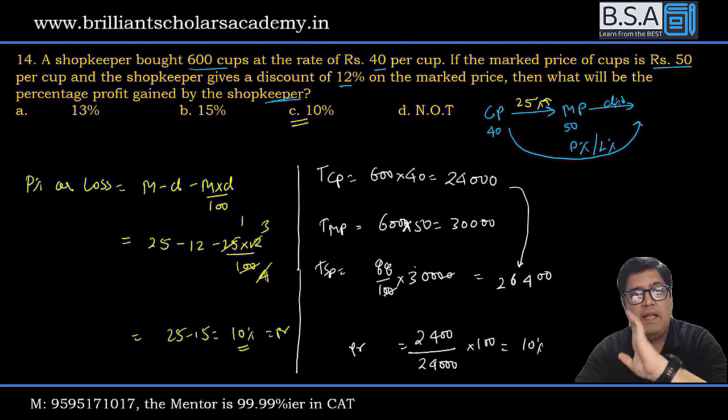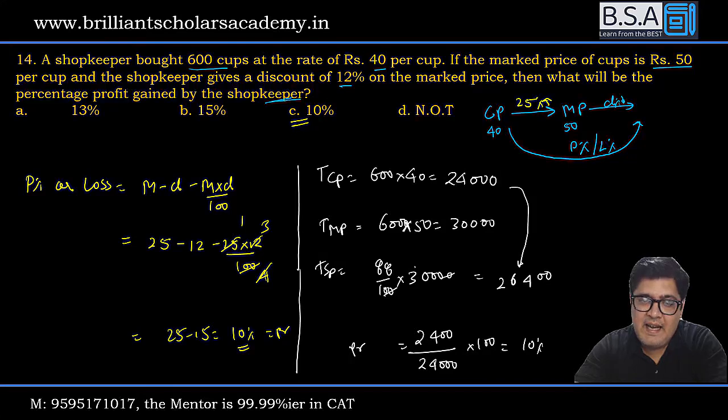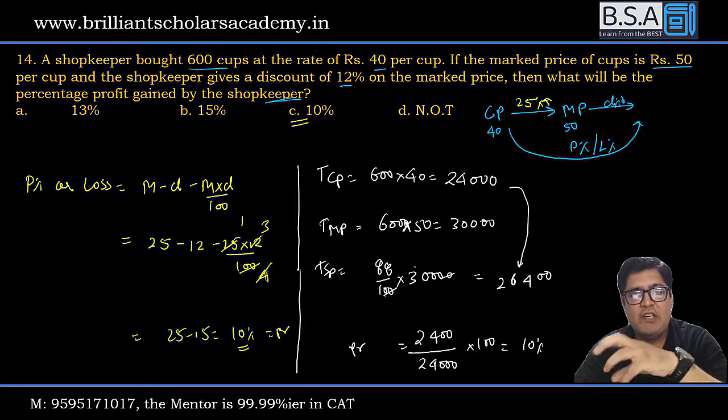The first one is the most logical approach. The first one is the best approach. Why is that? Because whether it is one product or two products or 500 products does not matter. You are applying change on the whole thing.